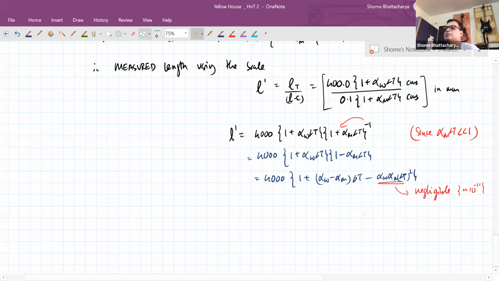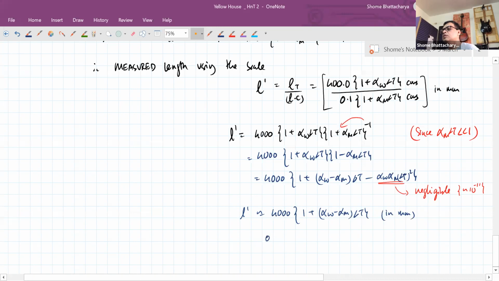So we'll neglect that term and say that L prime is 4000 into 1 plus alpha of wood minus alpha of metal into delta T in millimeters.